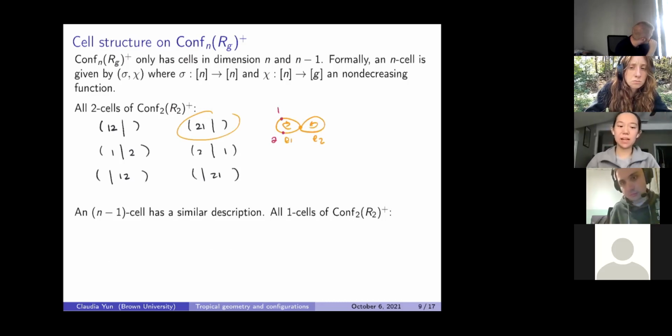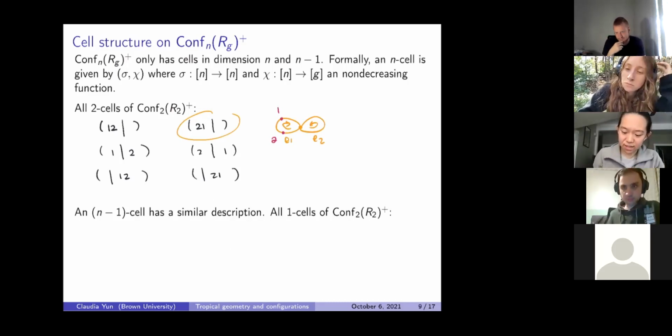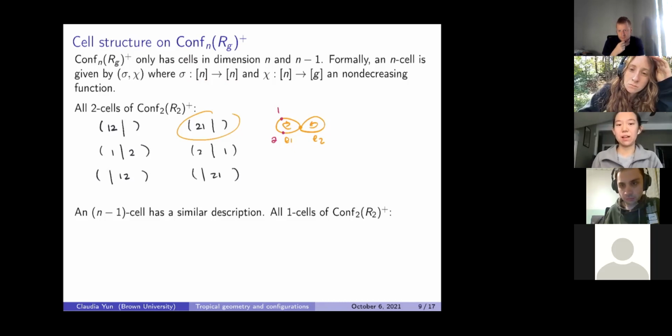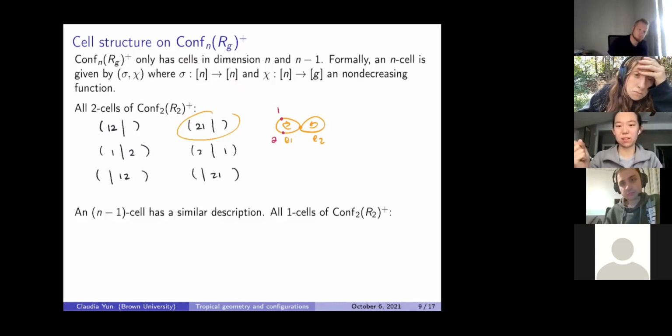And similarly, an n-1 cell also has a description like this, except that now we're really taking an injection of n-1 into n, and the missing number in the target tells us which point is now inhabiting the central vertex.